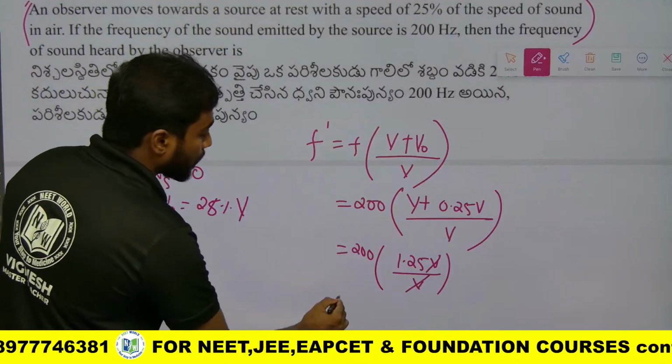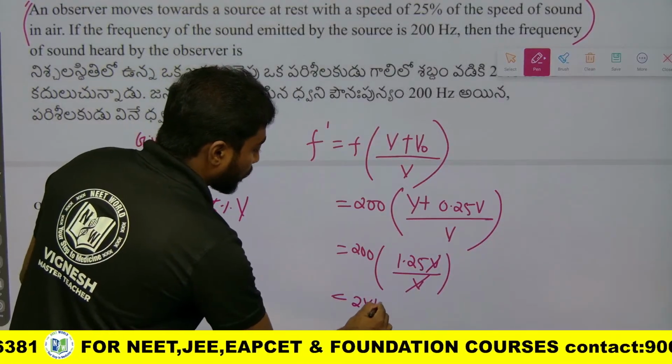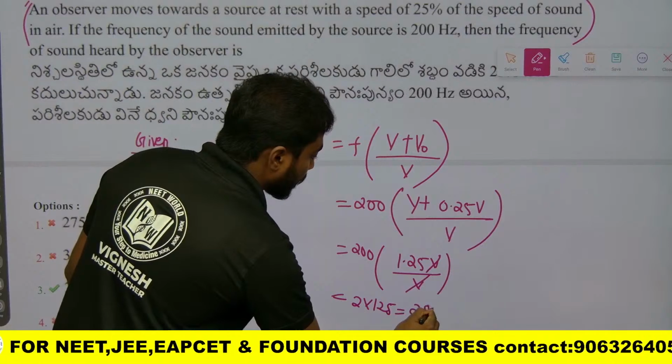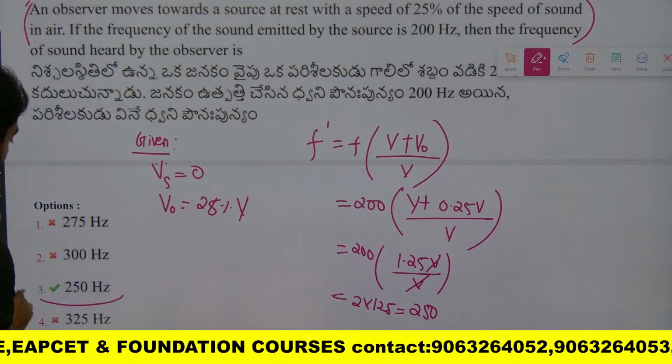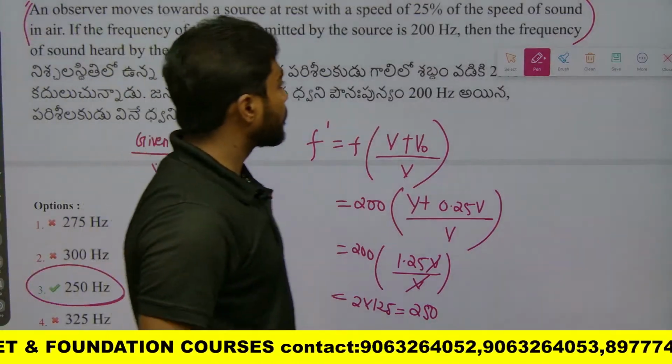The v gets cancelled. So 2 into 125 is nothing but 250 Hz, which is the third option, 250 Hz.